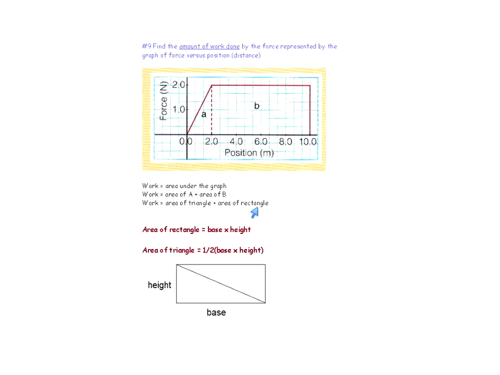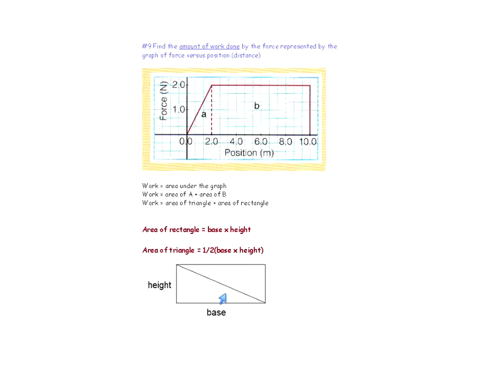So let's review how we find the formula for the area of a triangle. Well, if we look at the area of a rectangle, we know the area of a rectangle is always height times base, right? So if the area of a rectangle is height times base, you can tell just by looking at this diagram that the area of a triangle is half as much as the area of a rectangle.